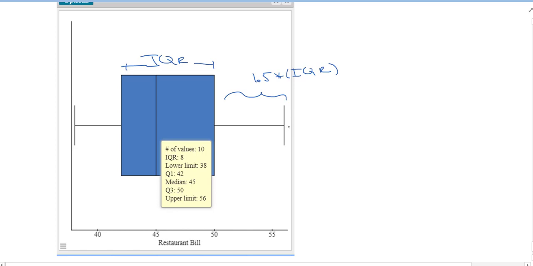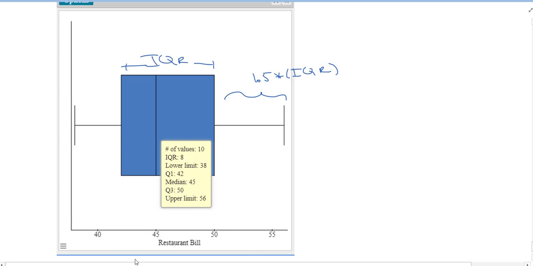If you had any points out here, those would be considered outliers. Sometimes this is called a box and whisker plot because you have the box, that's your interquartile range, and then you have the whiskers. The whiskers tell you where the majority of the data is, and beyond the whiskers, you will have outliers.